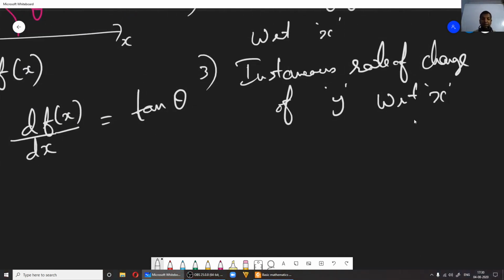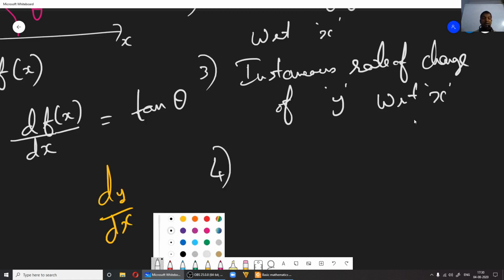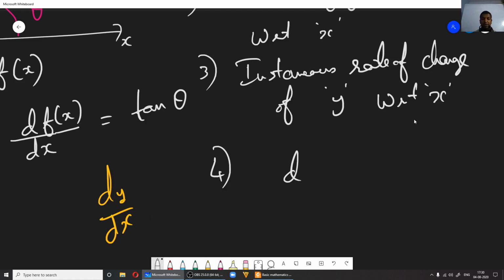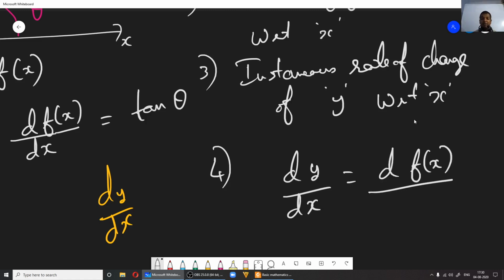Now there are a few other names using which we will define this differentiation, dy by dx. Now the same thing, dy by dx here, we'll also call it as, see, dy divided by dx, what is y here? Differentiation of function of x with respect to x, correct?